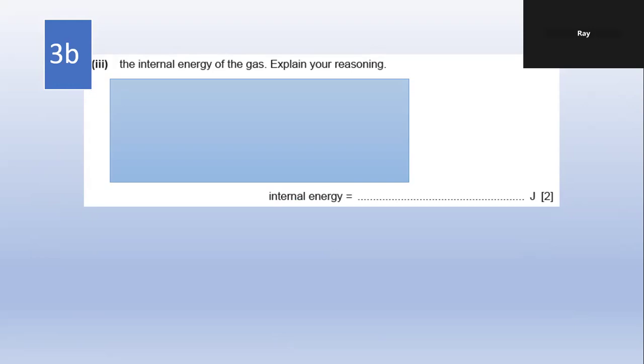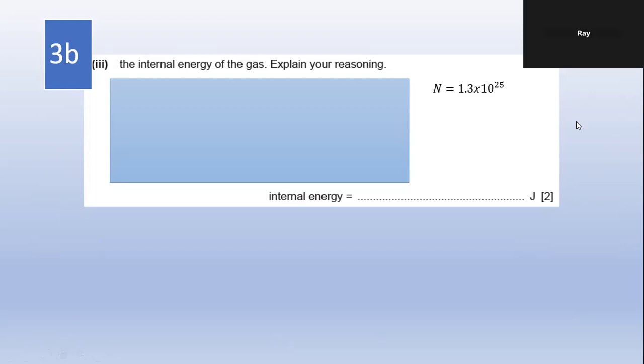Internal energy of the gas. Explain your reasoning. How to calculate the internal energy of the gas? It is the total kinetic energy plus potential energy of all molecules. Actually, potential energy is zero for an ideal gas, so the internal energy is the total KE.